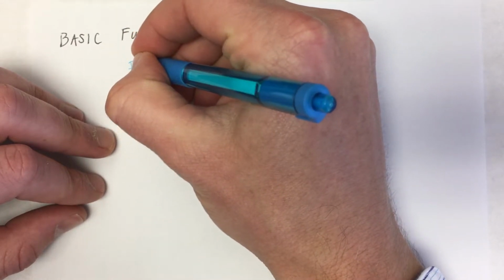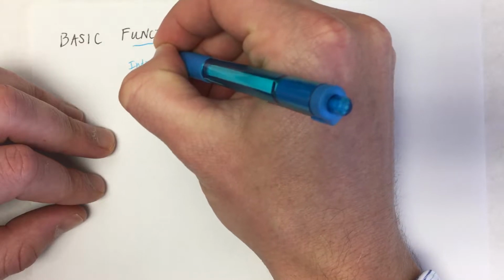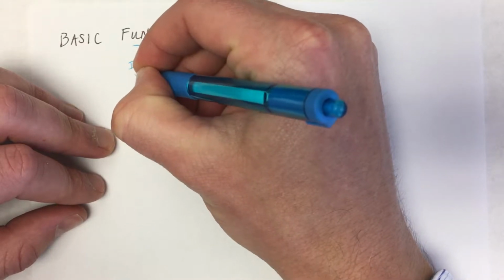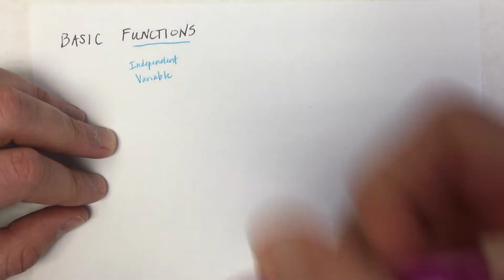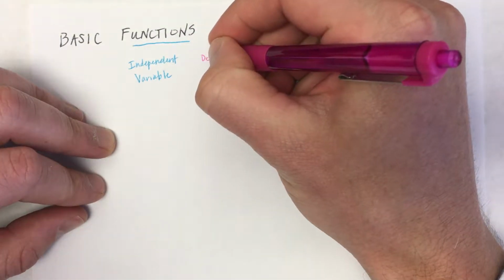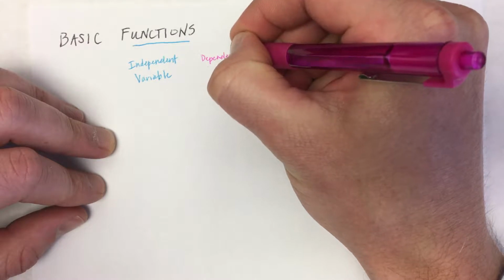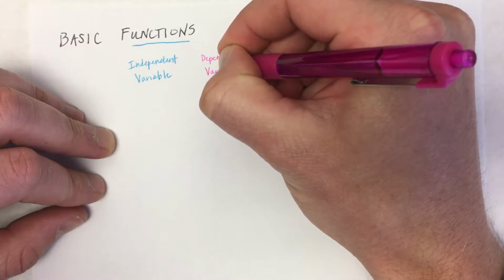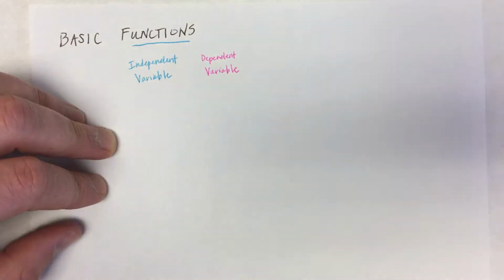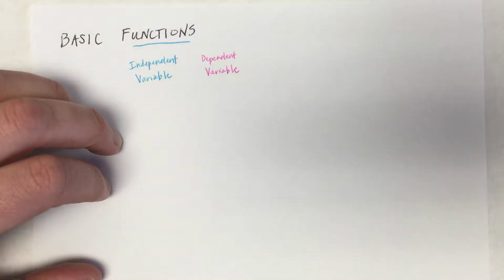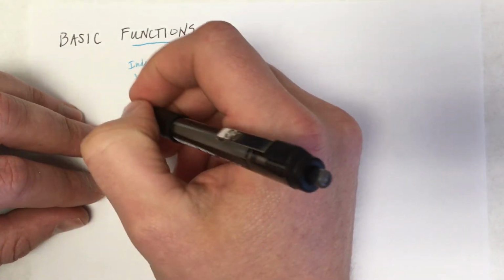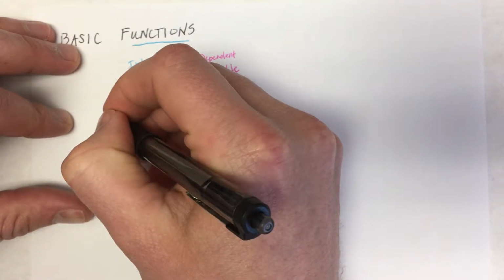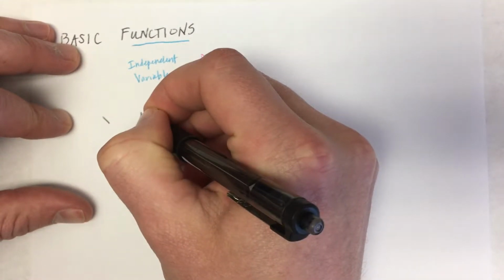You have an independent variable and you have a dependent variable. And so one thing that you see frequently when you're looking at functions is what they would consider a function machine.